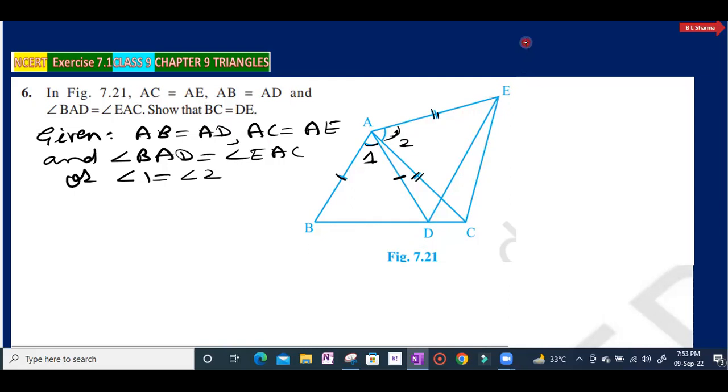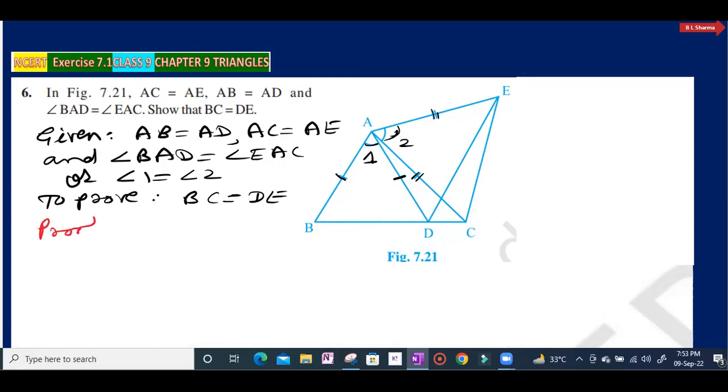So to prove that base BC is equal to DE. Proof. In triangle BAC and triangle DAE, फिर से देखिए कौन सा साइड है.